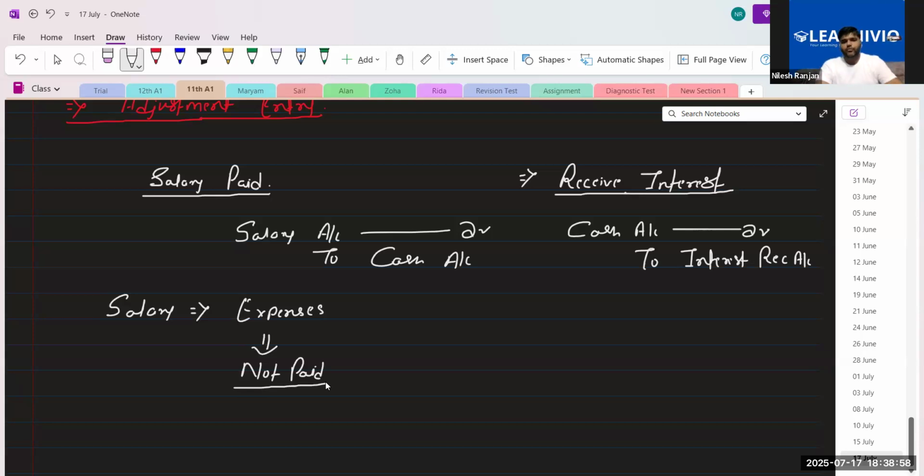Now the time is payment of salary, and we have not paid the salary yet. So there is salary due, you can say. So tell me, if we do not pay the salary, what will it become?